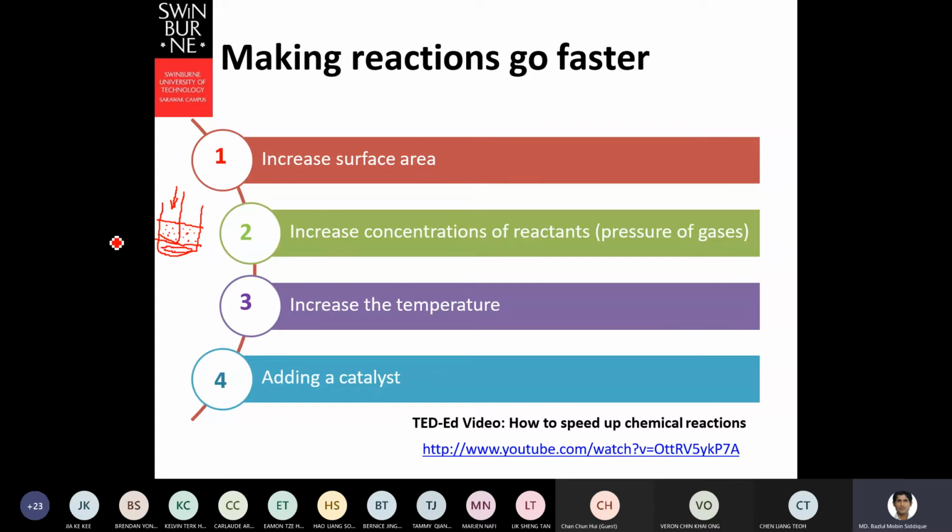If it is compressed, that means there is even more concentration, right? So it will react more in that case.